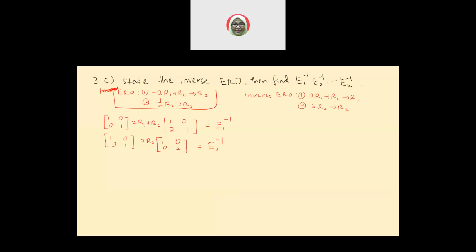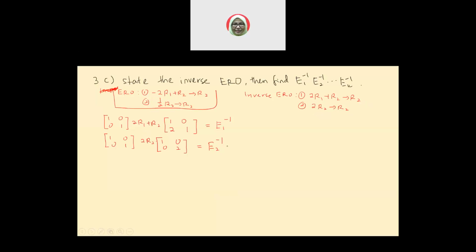Your second row operation is 1 over 2 R2, so the reciprocal of 1 over 2 is 2, that is 2R2 changes in R2. From these two inverse row operations we can get E1 inverse and E2 inverse respectively. For the first one you get E1 inverse, and for the second inverse row operation you get E2 inverse.